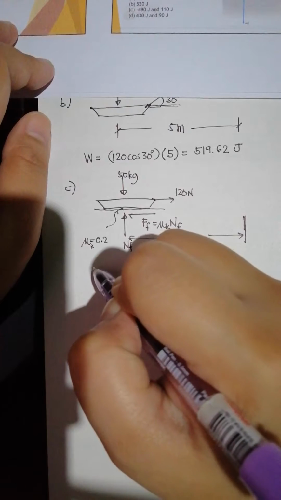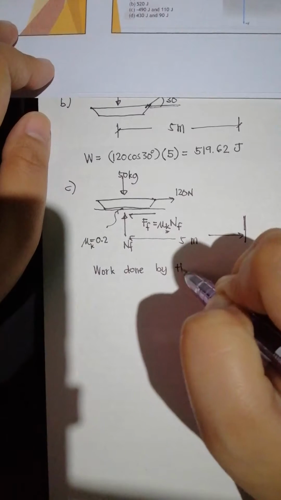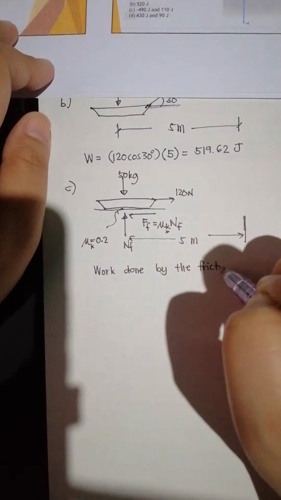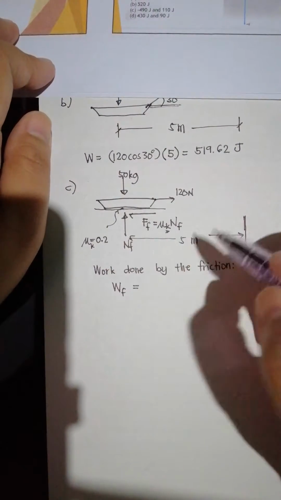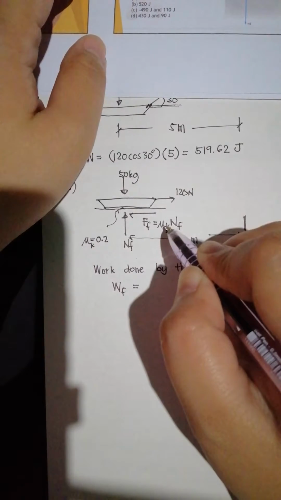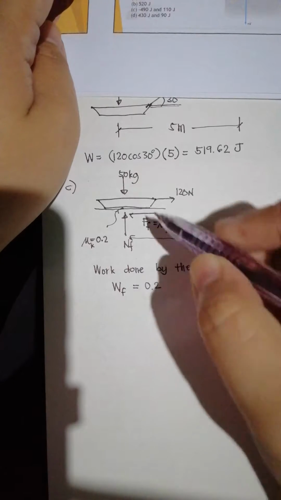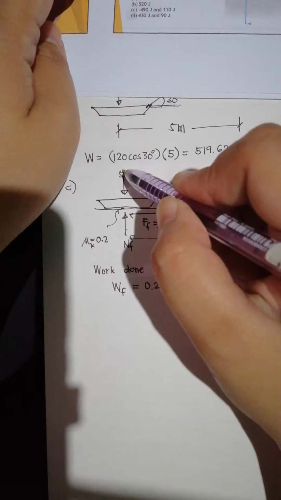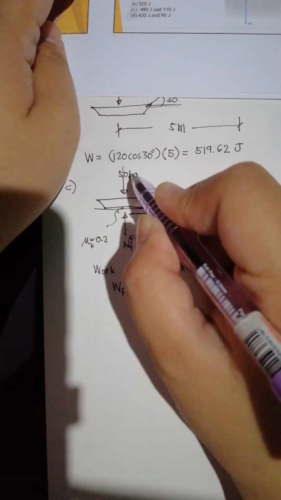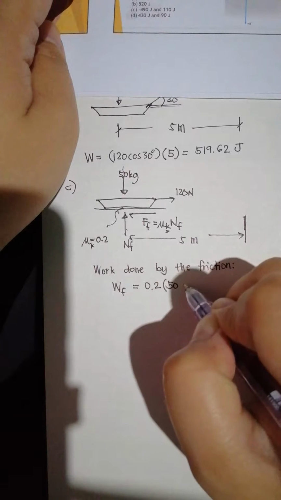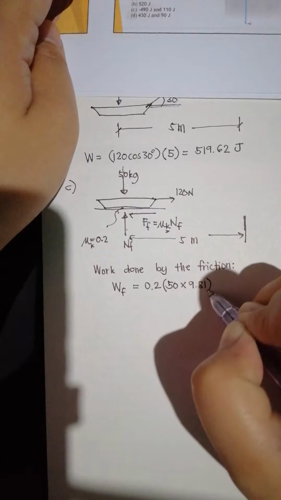So the work done by the friction is equal to mu, which is 0.2, and then the normal force. If we sum up forces vertically, the normal force is simply equal to the 50 kilogram load multiplied by the gravitational acceleration of 9.81 meters per second squared to convert it to newtons.